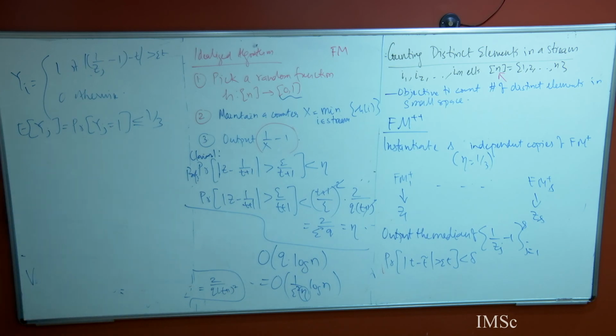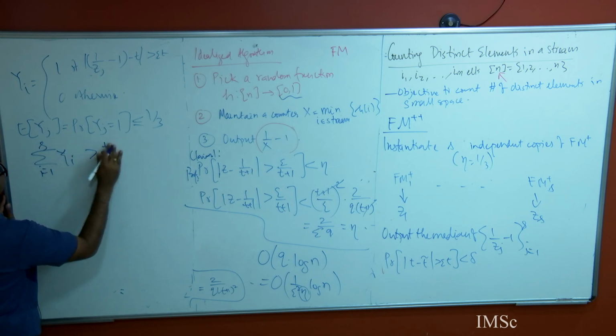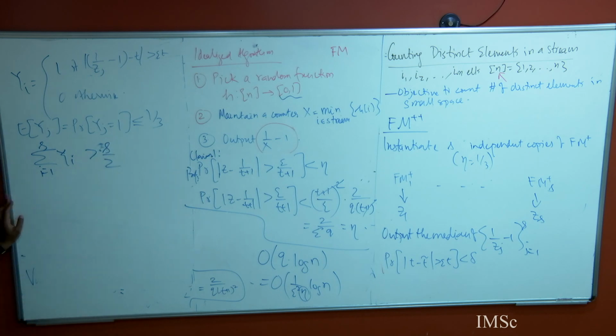So what probability are we trying to find? What is the probability that the median fails? This is exactly what we were trying to bound before, and exactly what we want to bound now. It is the same as the probability that the summation of yi, i equal to 1 to S, is greater than or equal to S over 2. If this quantity is more than S by 2, then the median will fail, because this is what failing means.